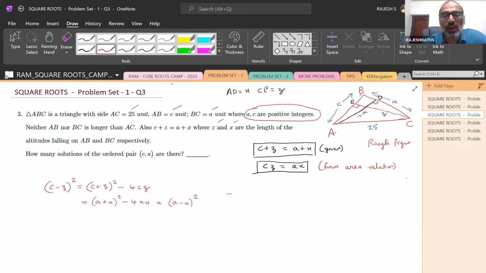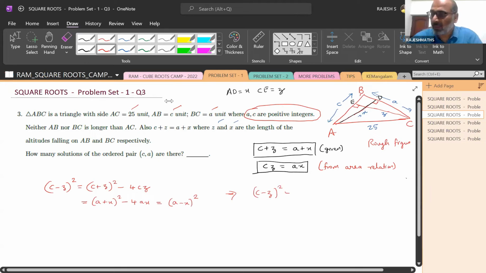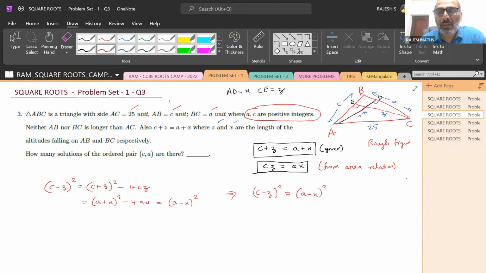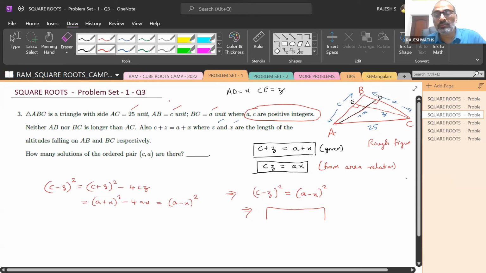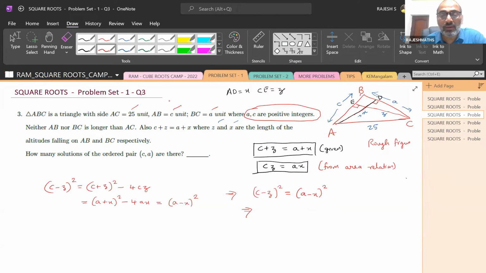So this implies (c minus Z) whole squared is equal to (a minus X) whole squared. This implies something. c minus Z is equal to plus or minus (a minus X).